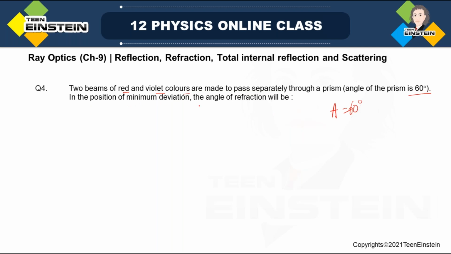In the position of minimum deviation, what is the angle of refraction? Okay, so the options are: at the minimum angle of deviation, the angle of refraction will be 30 degree for both the colors.